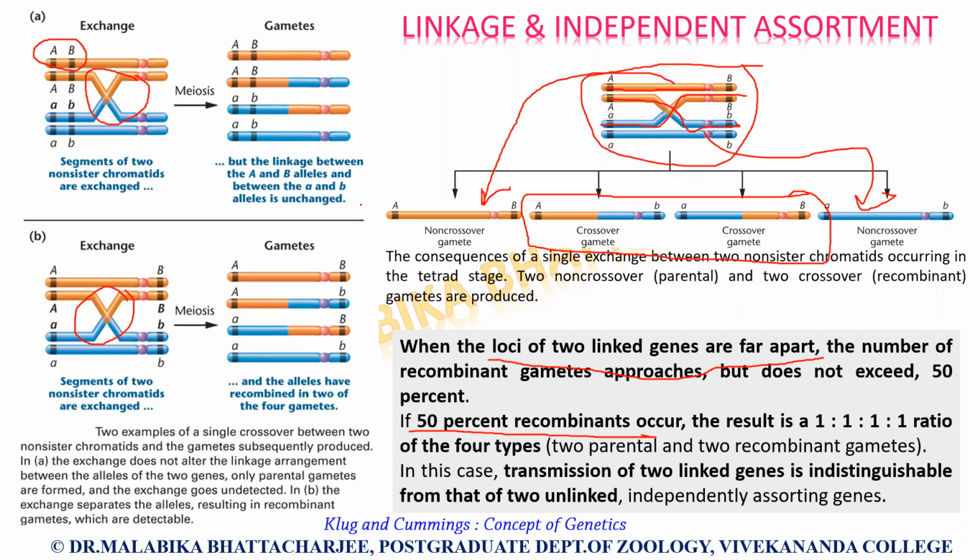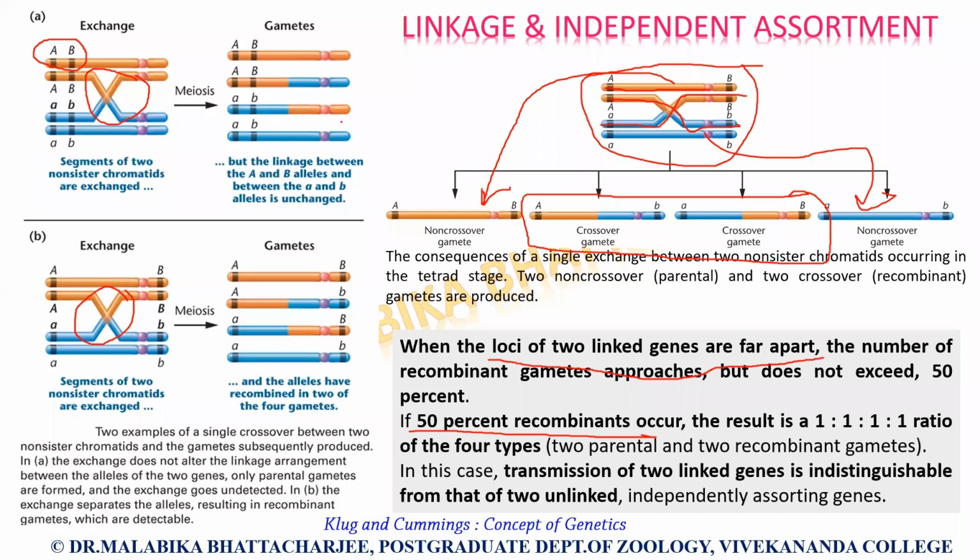So keep in mind, this is a very simple take-home message. If we are seeing 50% parentals and 50% recombinants, we have to assume that the genes are independently assorted. But if we see that the number of parentals has exceeded the number of recombinants, that is, if we get around 75% parentals and 25% recombinants, we have to assume that there is the phenomenon of incomplete linkage.